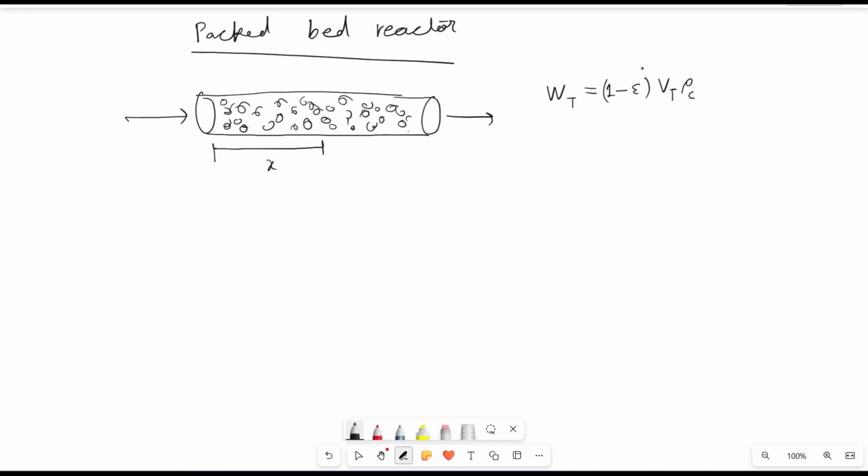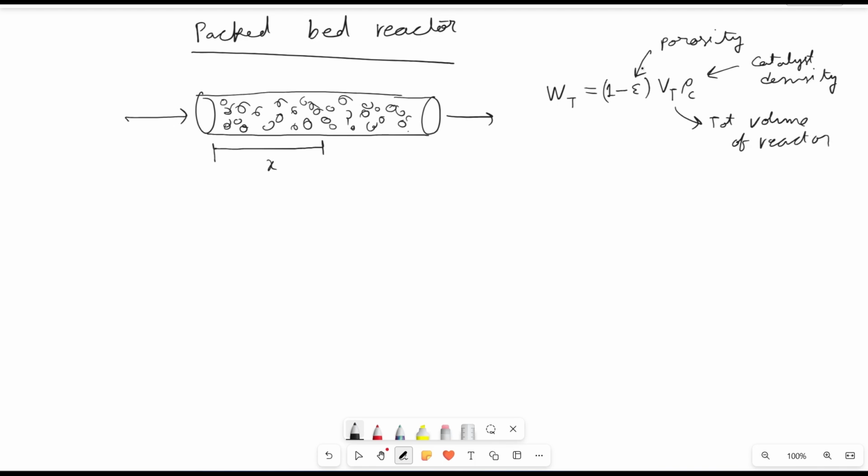This epsilon is the porosity, this is the catalyst density, and this is the total volume of reactor.